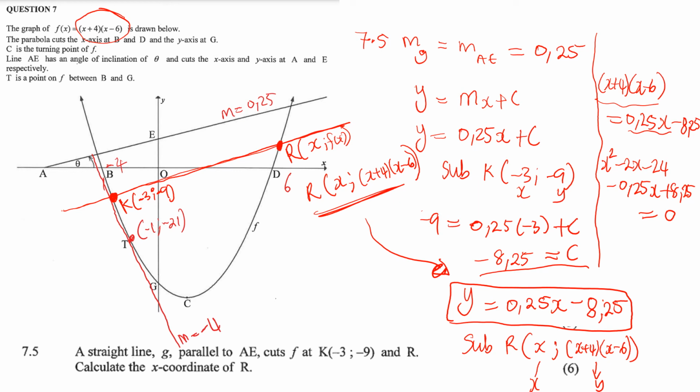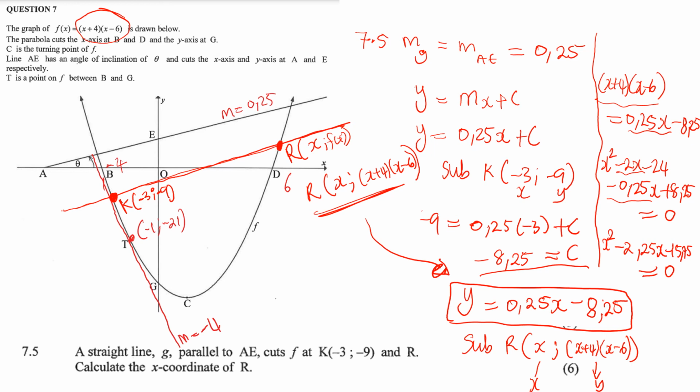Okay, so we can group the like terms: minus 2x and minus 0.25x gives x squared minus 2.25x, and minus 24 plus 8.25 gives us what? Minus 15.75. All these are equal to 0.